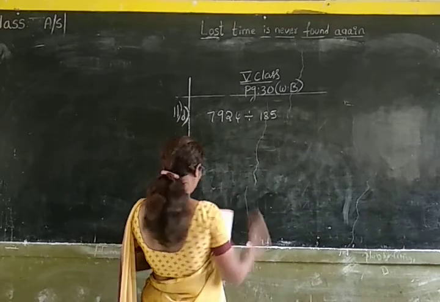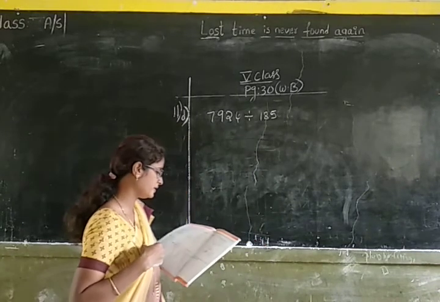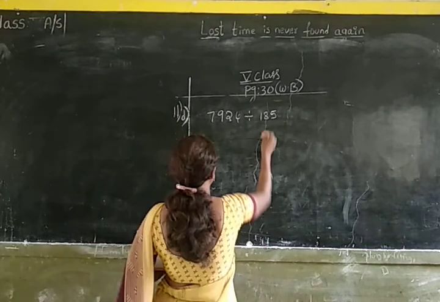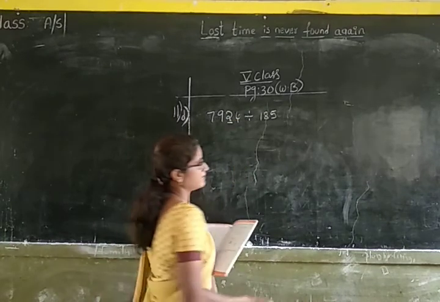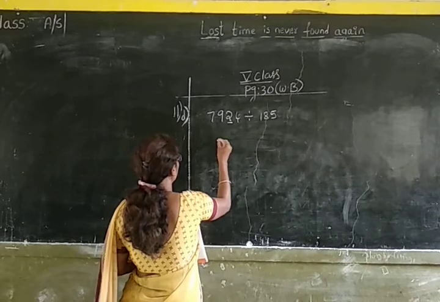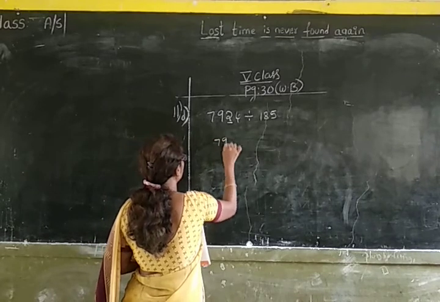So you have to round off the number to the nearest hundreds. So you have to underline the digit at the tens place. Here in its tens place, this number is having 2. No need of adding 1 to the next number.